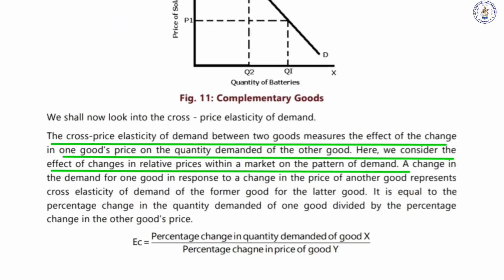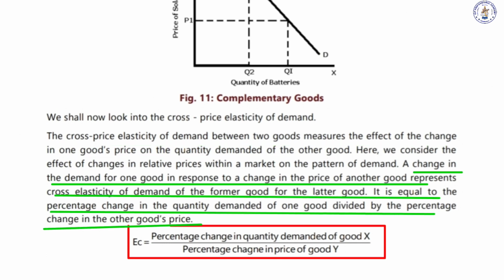So the cross price elasticity of demand between two goods measures the effect of a change of one good's price on the quantity of the other good. Here we consider the effect of change in relative price within a market on the pattern of demand. The percentage change in the quantity demanded of good X divided by the percentage change in the price of good Y gives the elasticity of demand with respect to cross products.